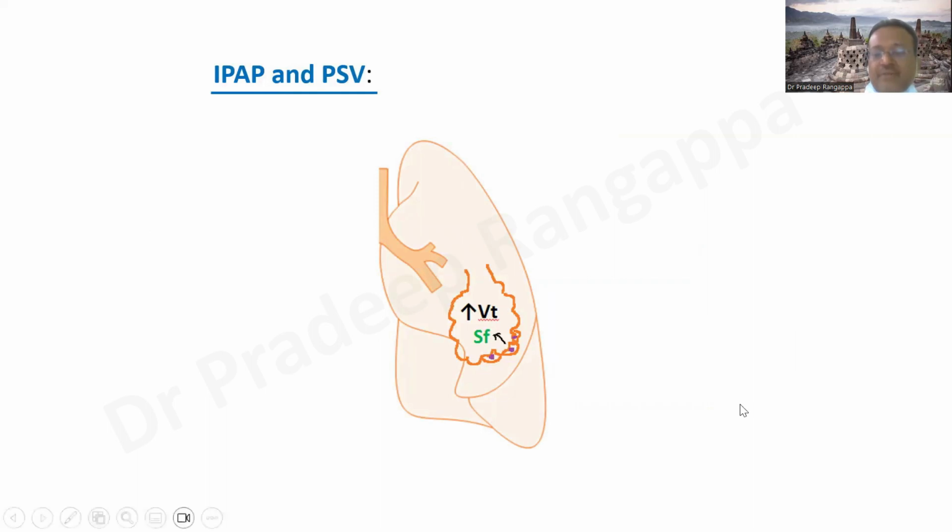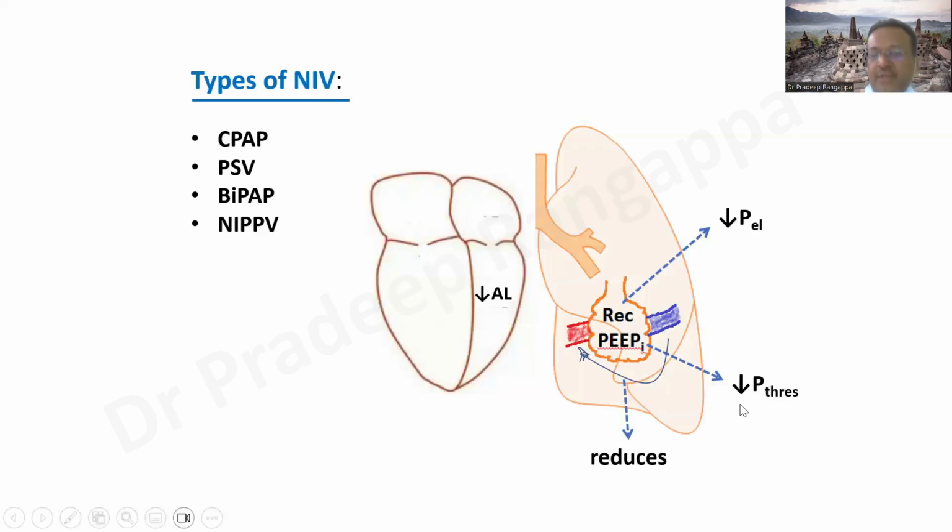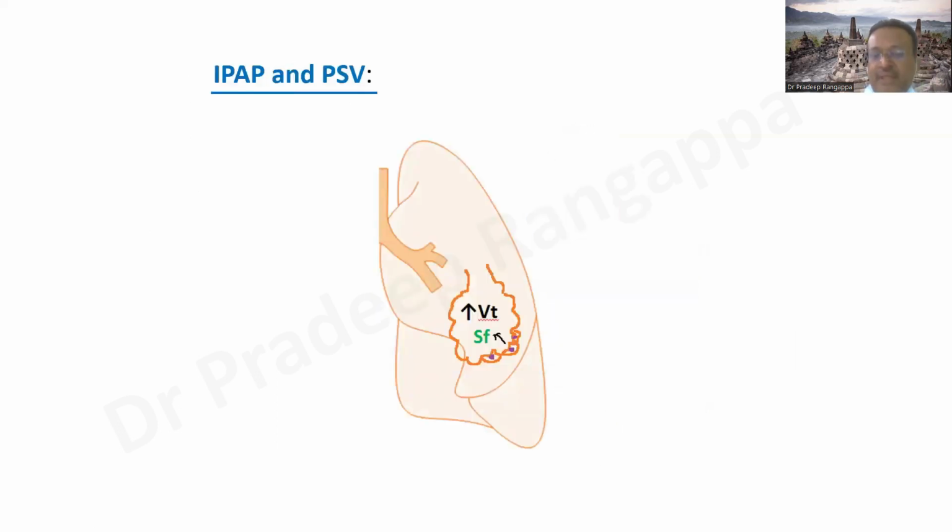So what do we understand? This is with regard to the pressure support or only the CPAP that you give. But in NIV, in COPD, we add inspiratory positive airway pressure along with the CPAP or the pressure support ventilation. So we add IPAP, the inspiratory pressure. What does it do? It increases the tidal volume, and this increase in the tidal volume in the alveoli is needed to reduce your CO2.